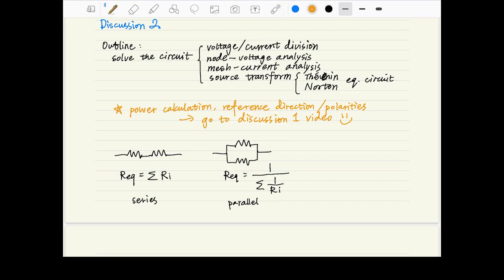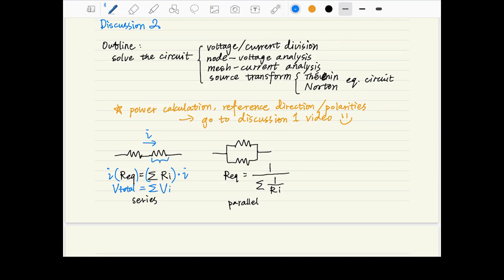And this will derive the principles of voltage division and current division. For the series circuit, because they share the same current, when we multiply both sides by the variable I, we get the total voltage as the sum of the voltage across every resistance element.